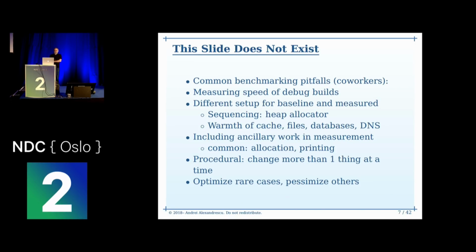So you want to measure the release build. There are a lot of different people who do different setups for baseline and measured. By which I mean the following. Consider this. You have your baseline, which is the existing algorithm, the existing code. Then you start the timer, and you stop the timer, right?